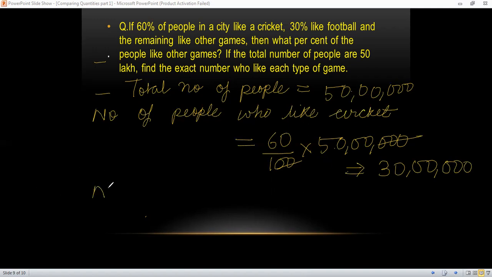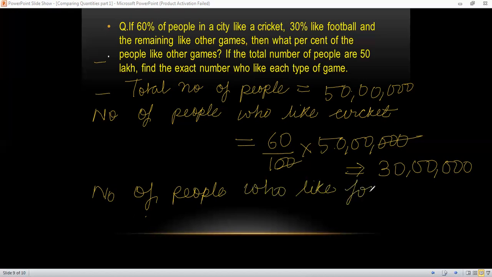Now in the same way, we will find the number of people who like football. That is 30%. So 30 upon 100 into 50 lakh.